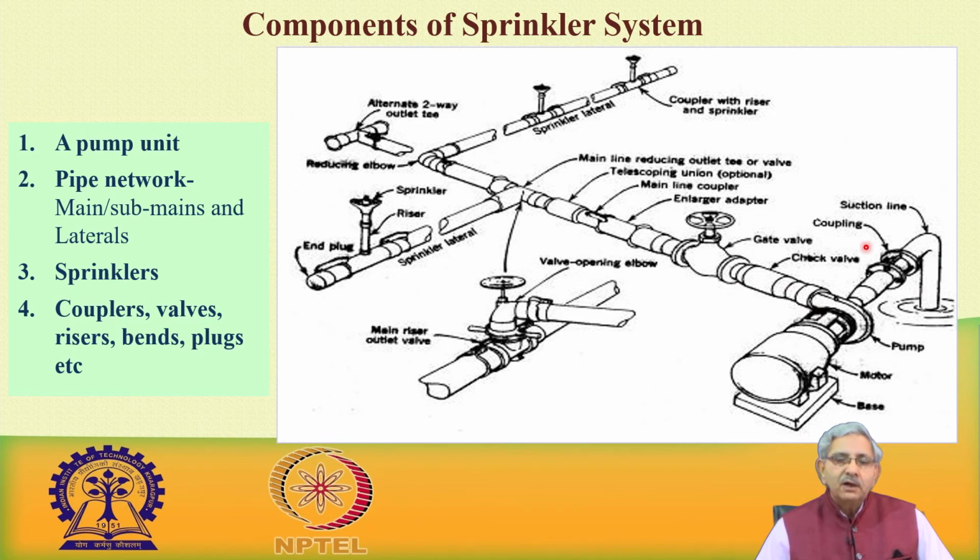The suction end of the pump is provided with a coupling, and then it comes to the check valve. So, the check valve basically checks the flow or supplies the flow as per the desired quantity.